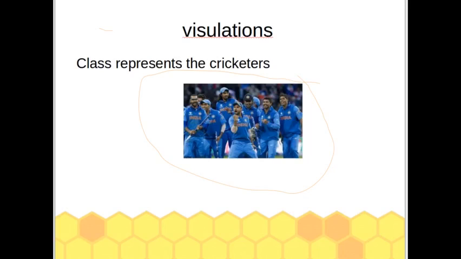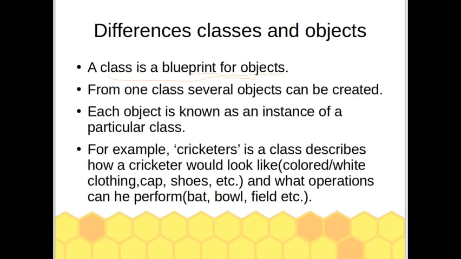A group of players represents the class, but each individual member or player represents an object in the class. Probably you will see some key points: from one class several objects can be created.